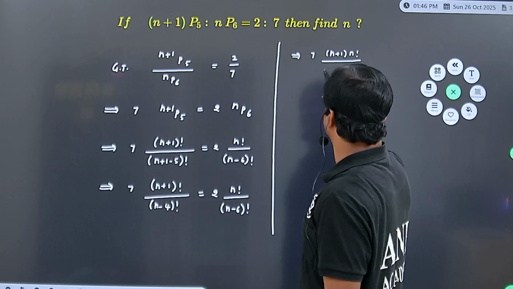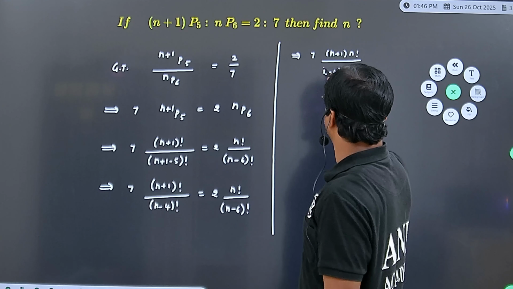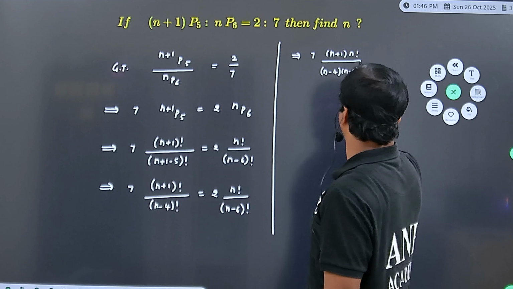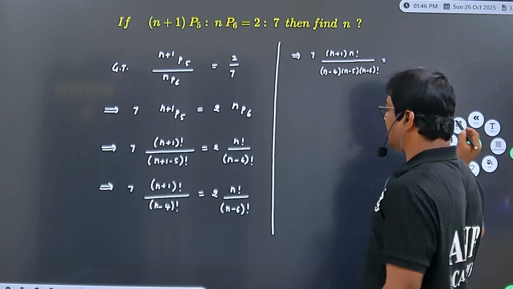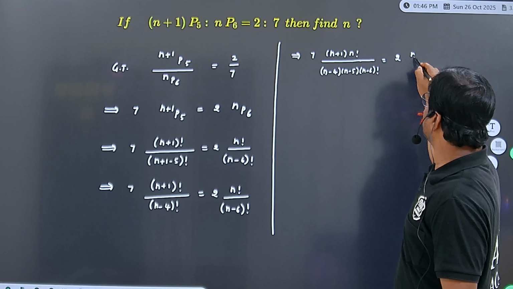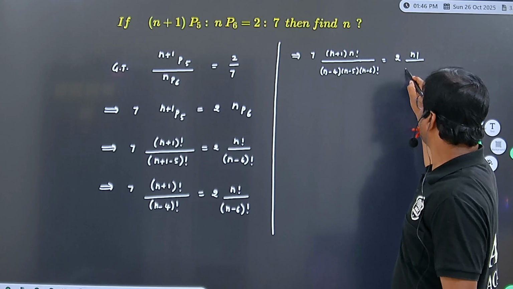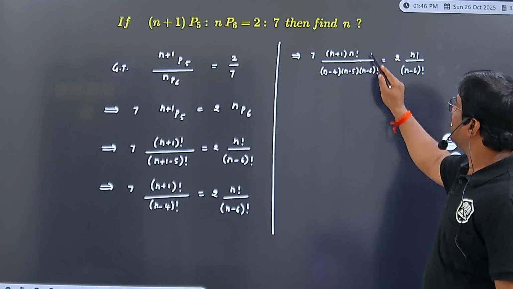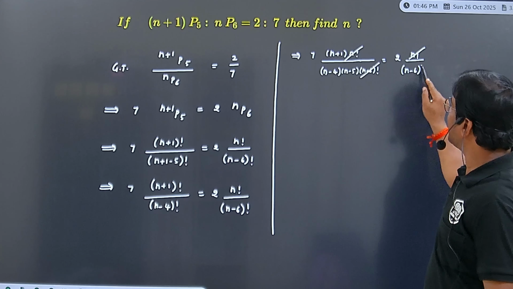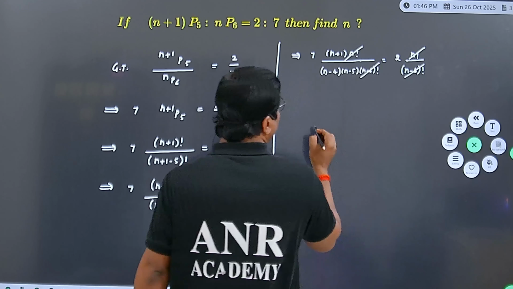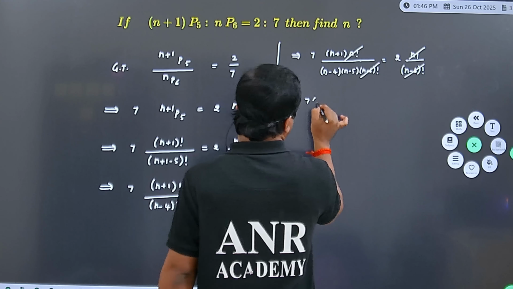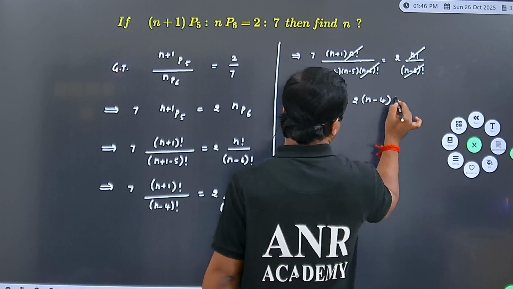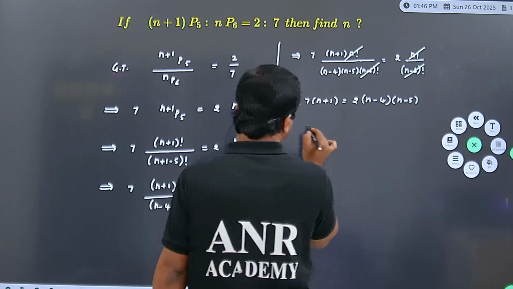Denominator part it is n minus 4, n minus 5 into n minus 6 factorial we can write, and in the right part it is 2 times of n factorial divided by n minus 6 factorial. Here n factorial and n minus 6 factorial get cancelled, and we get 7 times of n plus 1 equal to 2 times of n minus 4 into n minus 5.